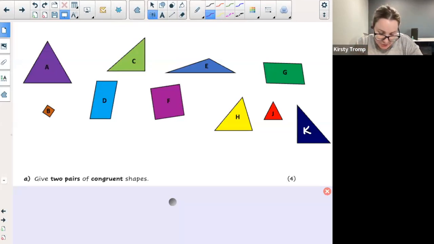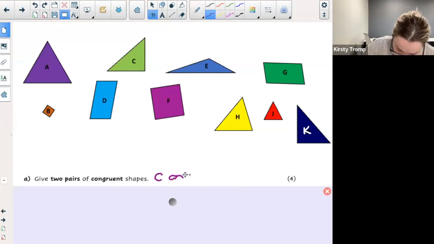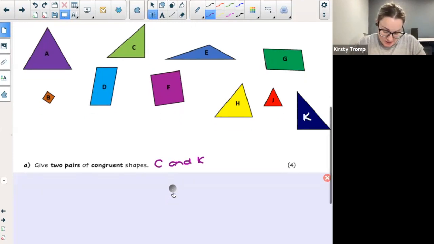C and K. C and K, I am happy with those. I definitely agree with you. I would say two pairs of congruent shapes would definitely be letter C and letter K. In other words, if I had to cut them out, could I put them on top of each other? Yes, I can.